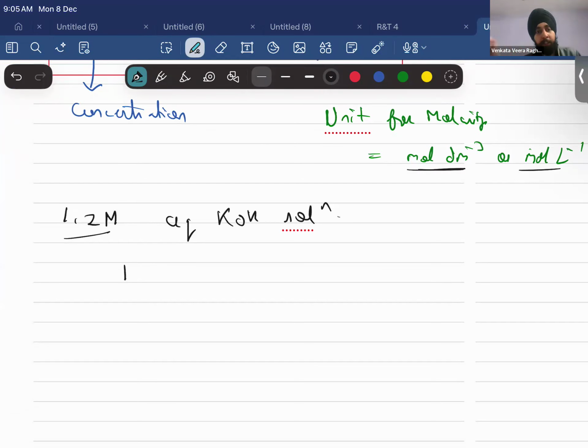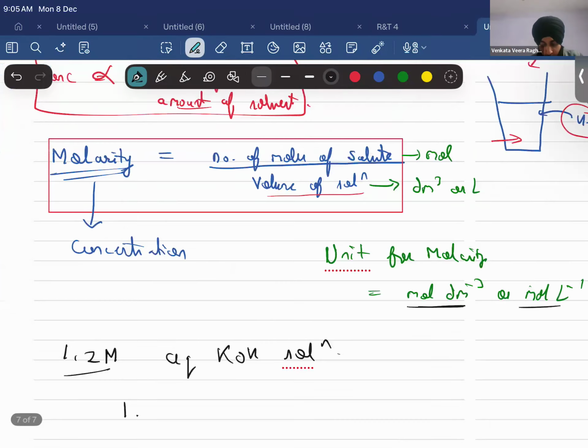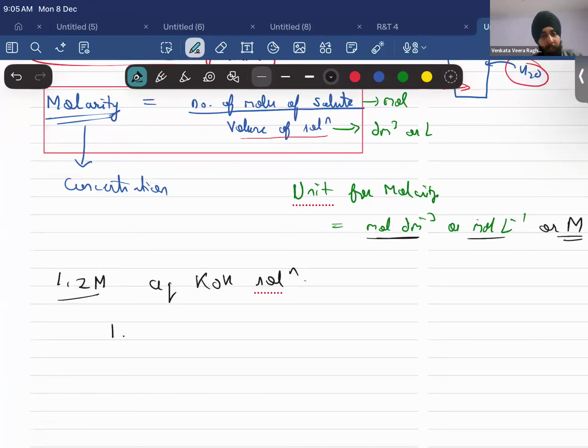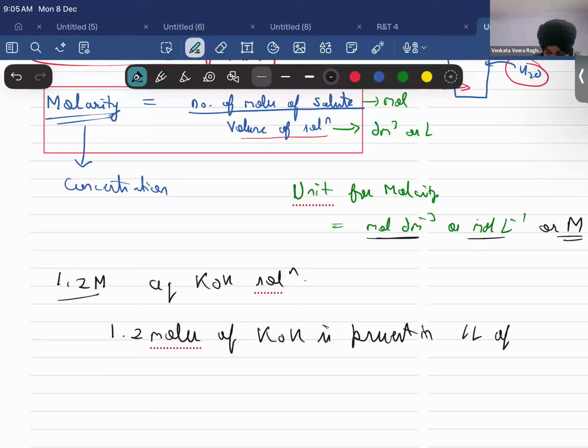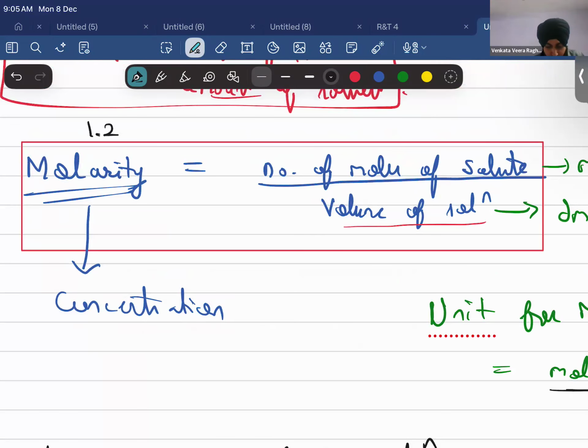1.2 molar aqueous KOH solution means what? It means that you fix your volume to 1 liter. That means 1.2 moles of KOH is present in 1 liter of solution. Can I write it this way? Your molarity is given as 1.2 molar.